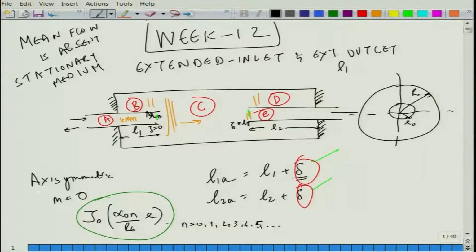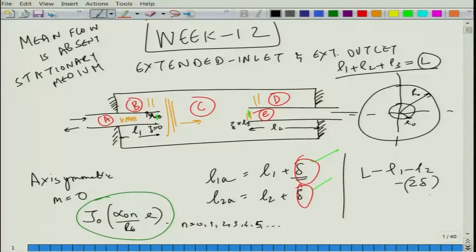Now, the physical length L1 plus L2 plus L3 is equal to the overall length L. This thing will not change even when you put this. So the effective length will become L minus L2 minus 2 delta, the clear length, or the length from tip to tip. The effective clear length will be slightly different, but that is a later part of the story. The main thing is that we are fixing z is equal to 0 for the region here and z is equal to L3 for this region, and then other things will follow.